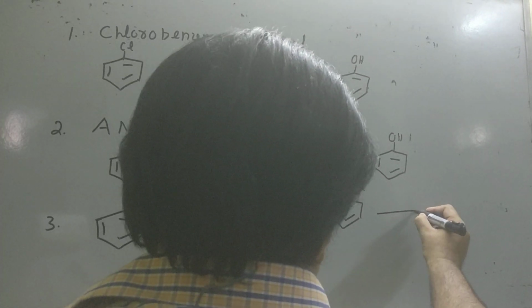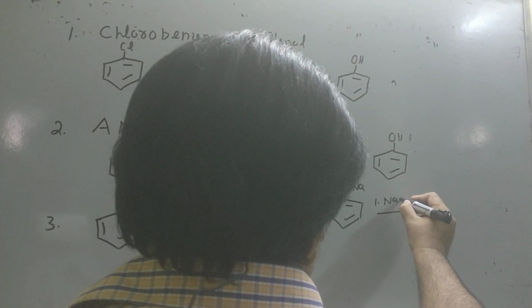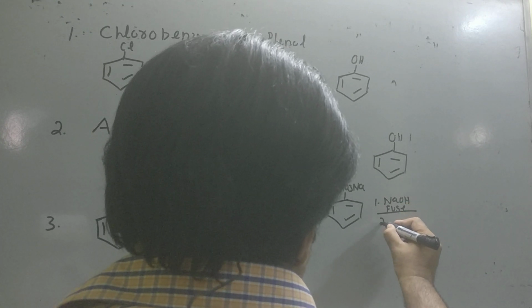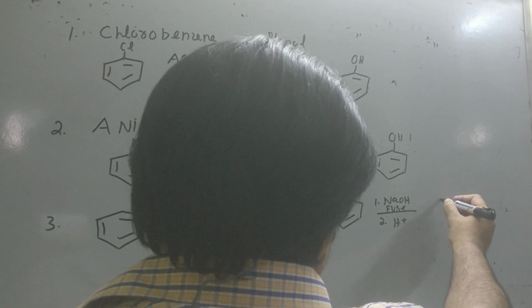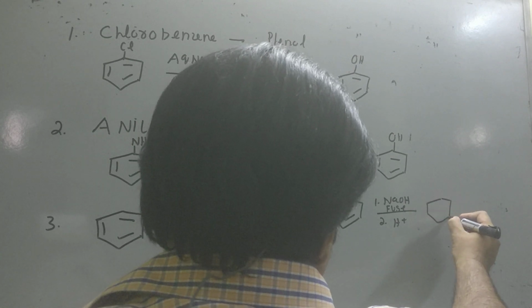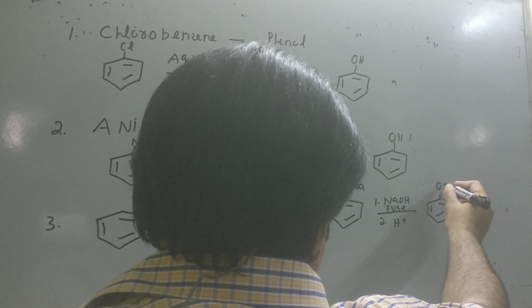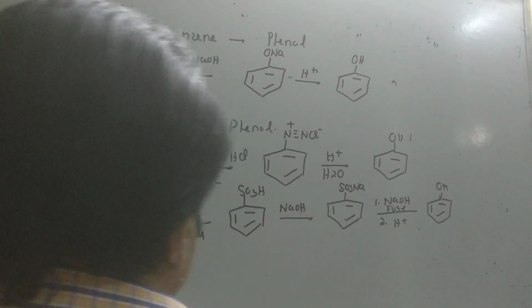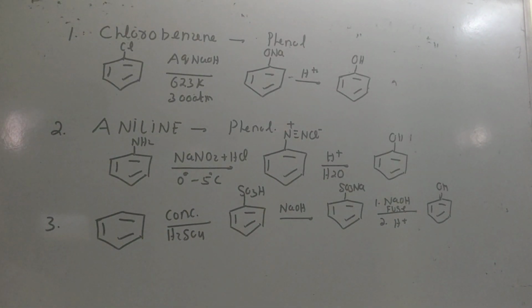Heat it with solid NaOH strongly, which is called fusion, followed by acidification. Otherwise you don't get phenol, you will get a salt of phenol. You will get the formation of phenol. So these were the three conversions given over there: chlorobenzene to phenol, aniline to phenol, and then benzene to phenol. Let's go to the fourth.